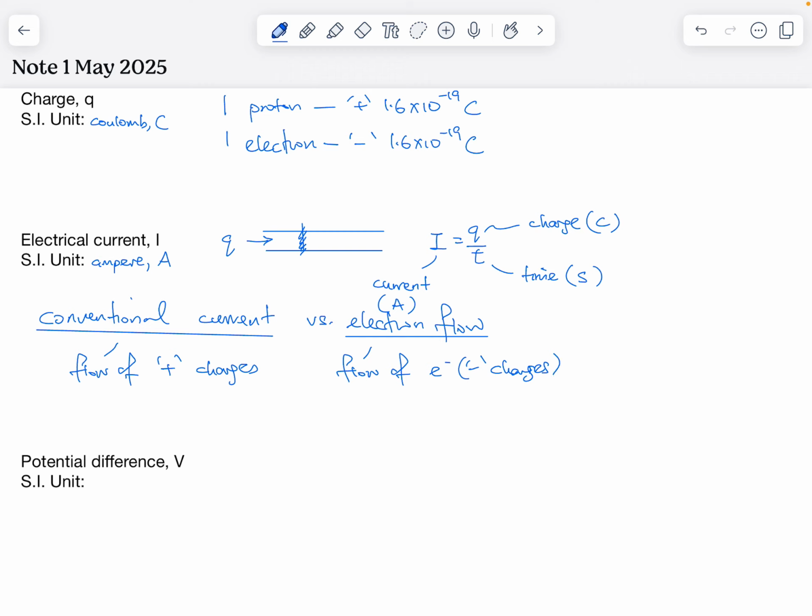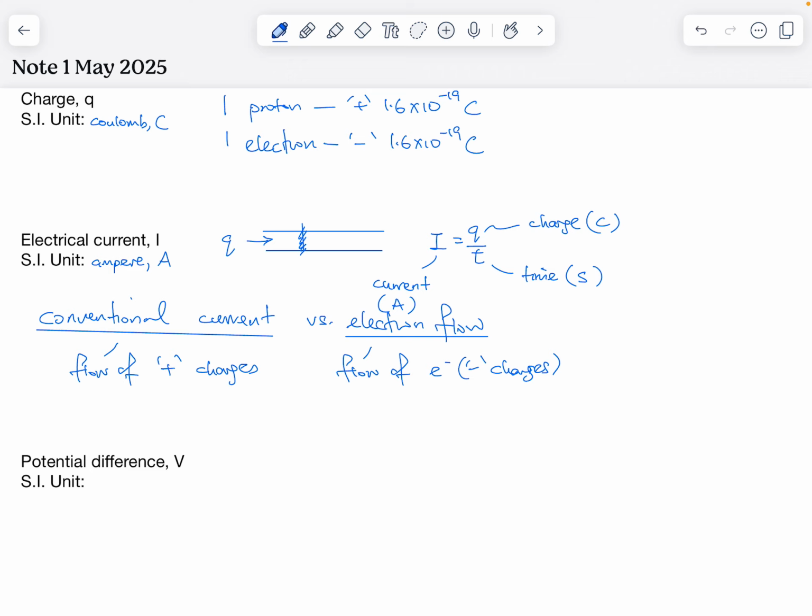Now why is there this discrepancy? The electron flow, electricity is the flow of electrons. It was only discovered that current consists of the flow of electrons somewhere in the late 19th century and the early 20th century. But before that, scientists believed that current flow is the flow of positive charges.